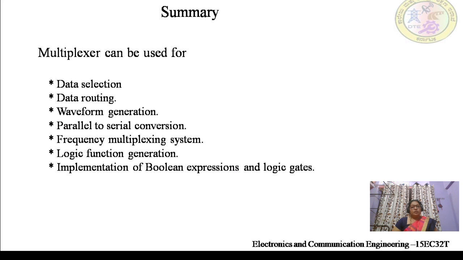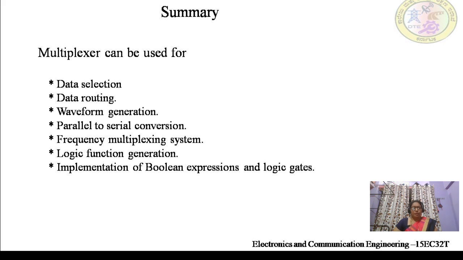Till now we studied the definition of multiplexer in the last session, and in this session I explained to you about the applications. Multiplexer is used as a data selector. It is used for data routing.